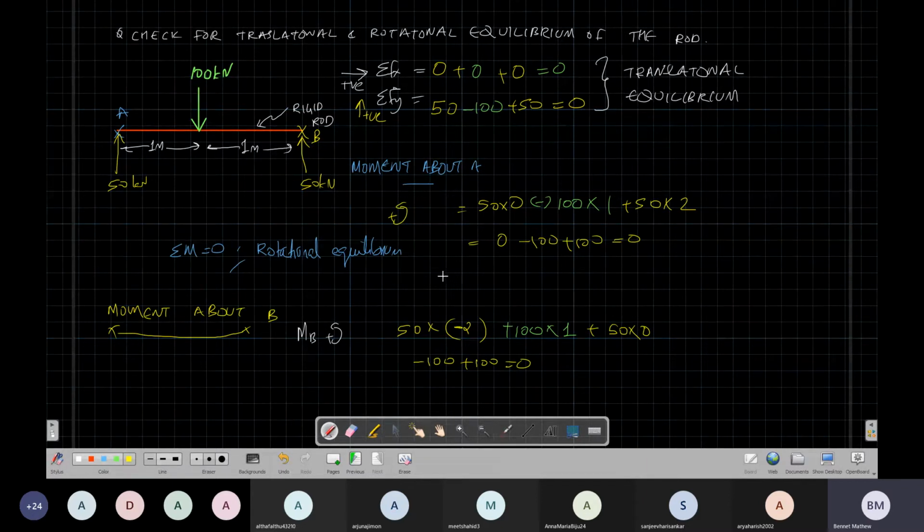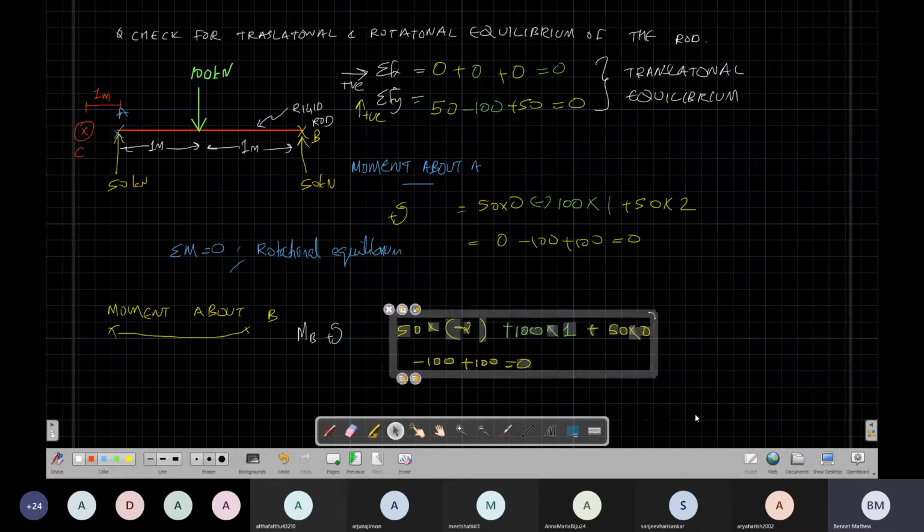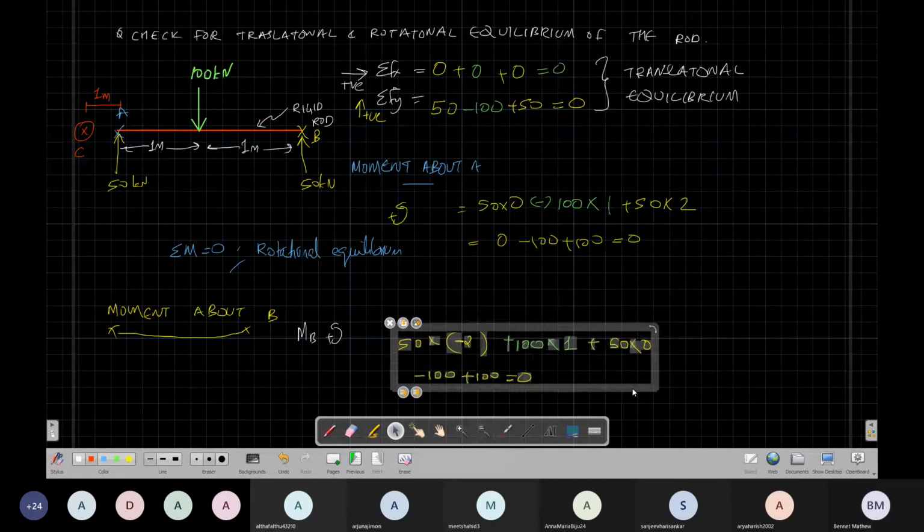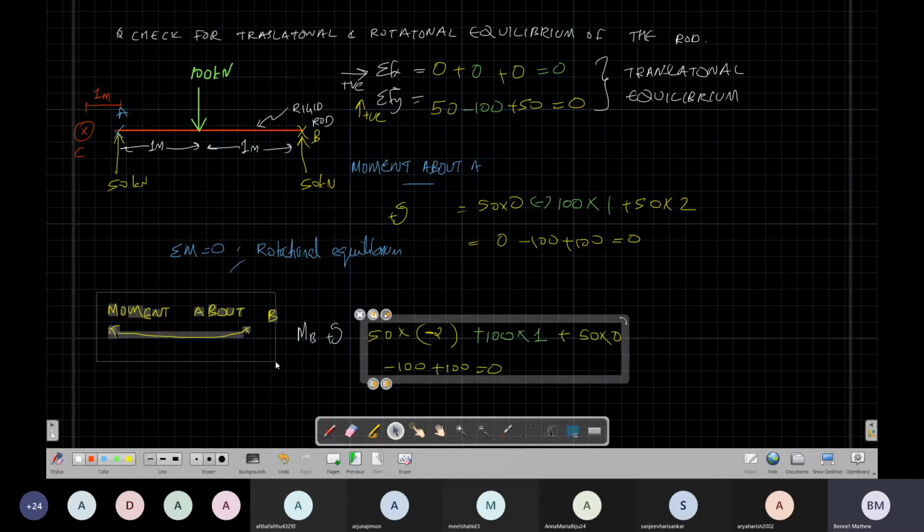Now it is not still over. Let us say I will take another point here, C. It is in a horizontal line. Let's say this is 1 meter. So tell me, what is the moment of these forces about C?